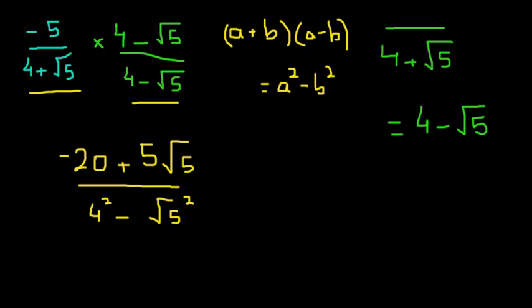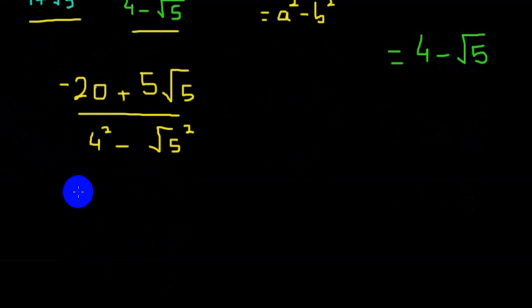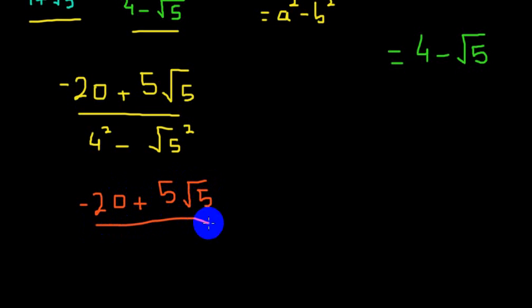So in the next step, let's simplify it. It will be negative 20 plus 5 into square root of 5, and in the denominator we have now 4 square is 16, and we can cancel this square with this square root, so we'll get 5.